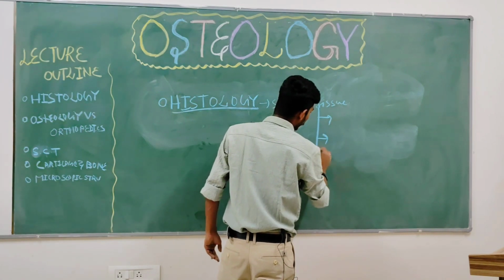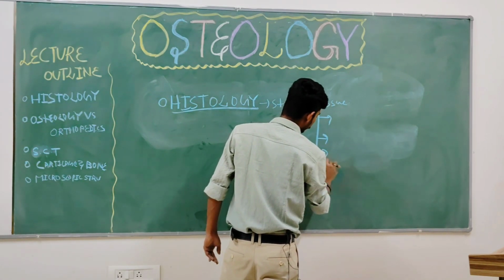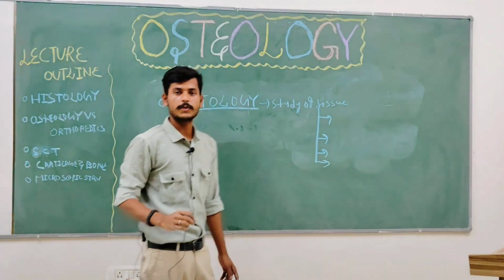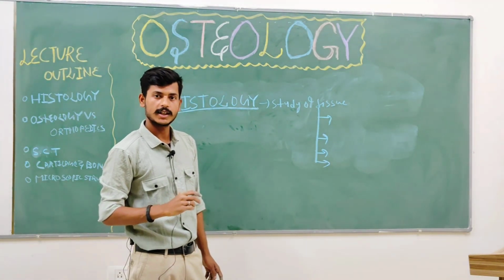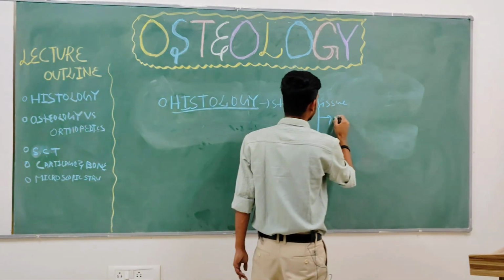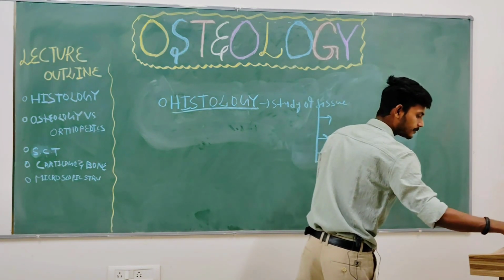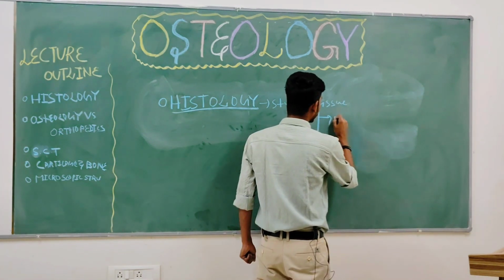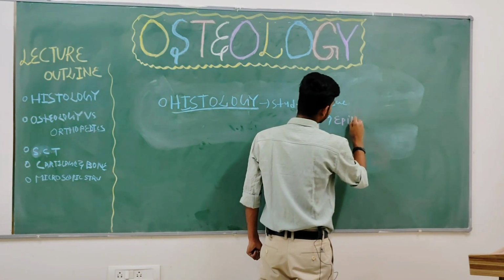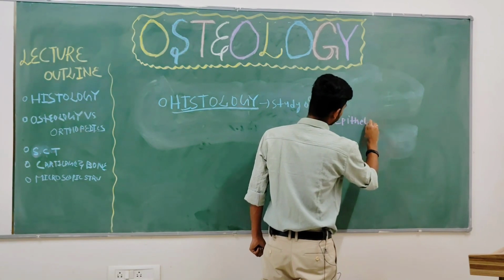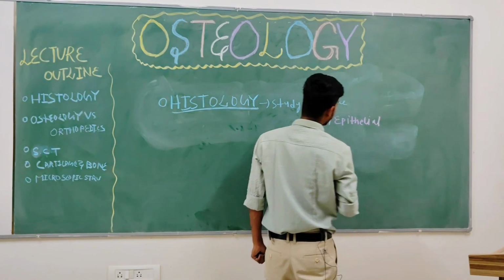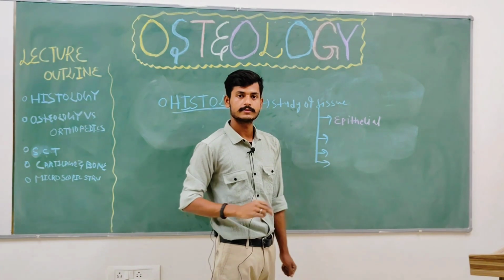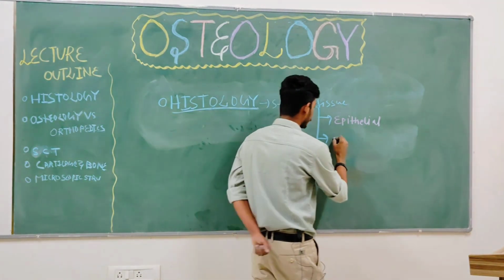Now, how many tissues do we have? Can you name them quickly? Yes, epithelial tissue, very good. Then, very good, we have connective tissue.